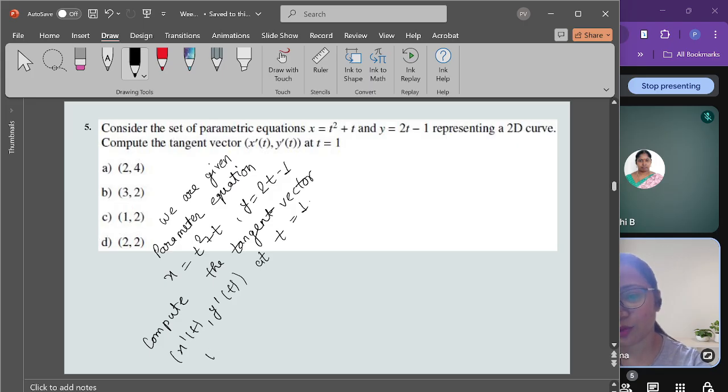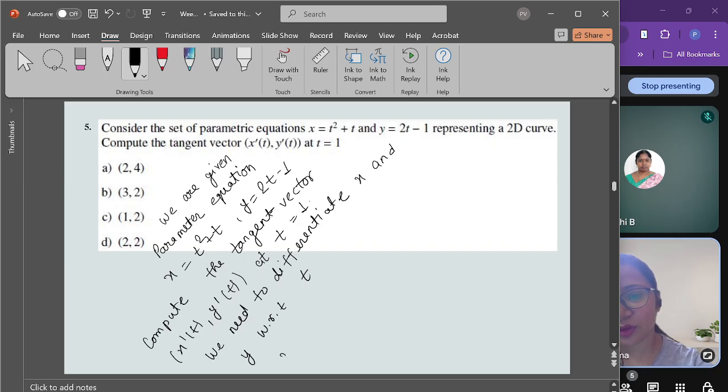So we need to differentiate x and y with respect to t first.